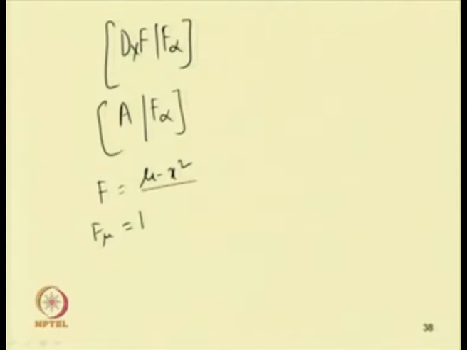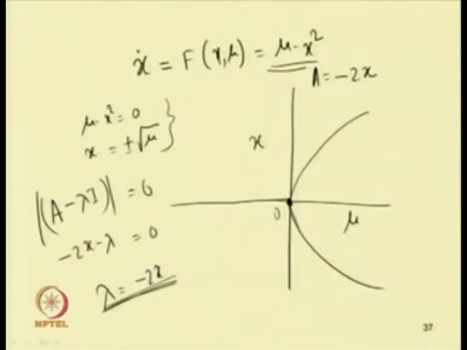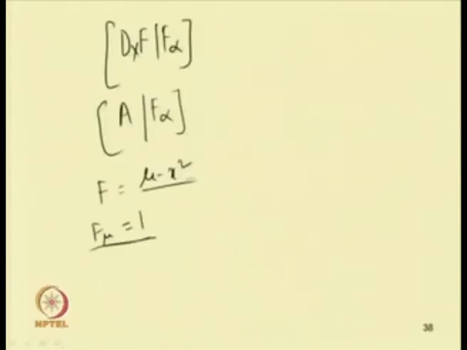If you differentiate with respect to mu, we have f mu equal to 1. We have already found A equal to minus 2x, so at x equal to 0, A becomes 0. So, our matrix of dxf and f alpha becomes 0 1.